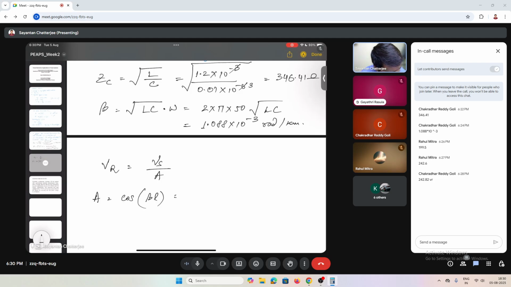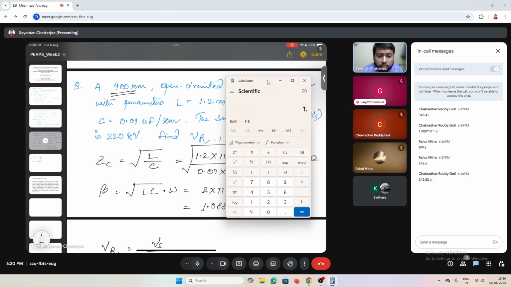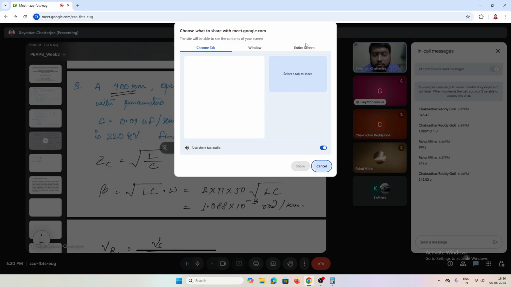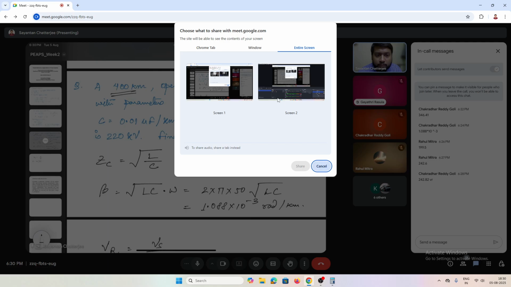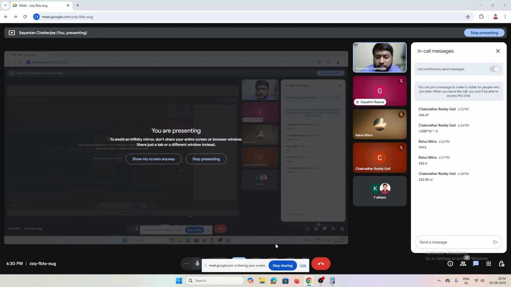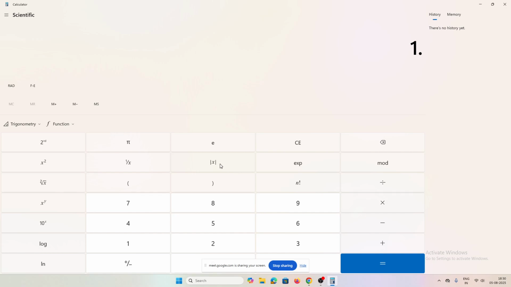root under LC, with L and C values. So I am sharing the screen so that you all can see this calculation.